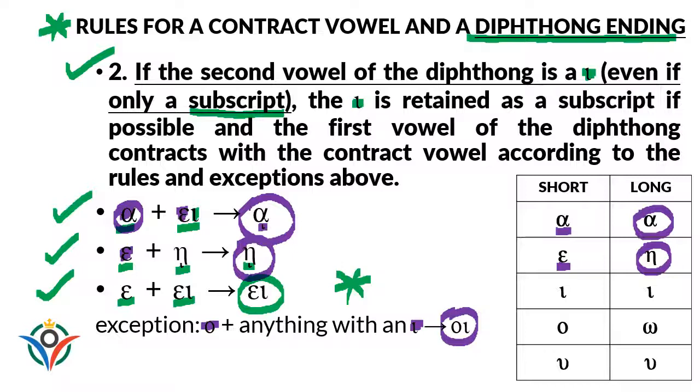All right, so omicron plus anything else with an iota will always give you oi. And then the final exception, which is very rare, is an epsilon plus the diphthong oi. You end up with oi as well. Okay, so those are all the exceptions. I'm sure you'd be glad to hear that.